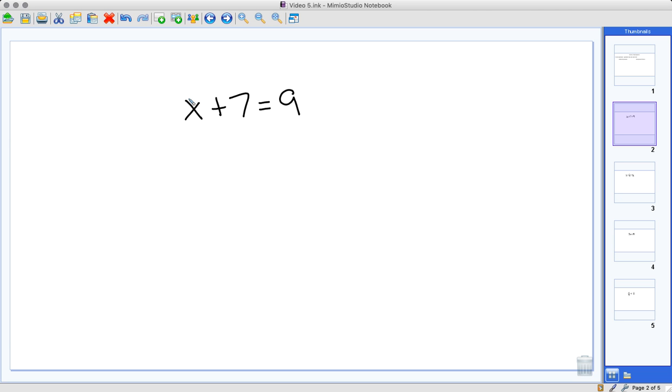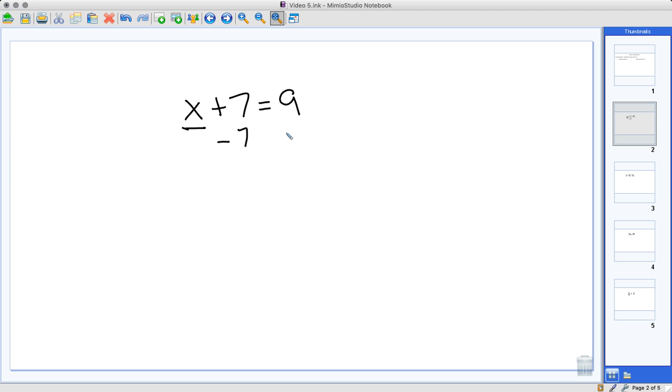I've got x plus 7 equals 9. So I want to get x by itself. We always want to get our variable by itself. So then think to yourself, how do I undo addition? Subtraction. So I have to subtract 7 on the left side of my equal sign.